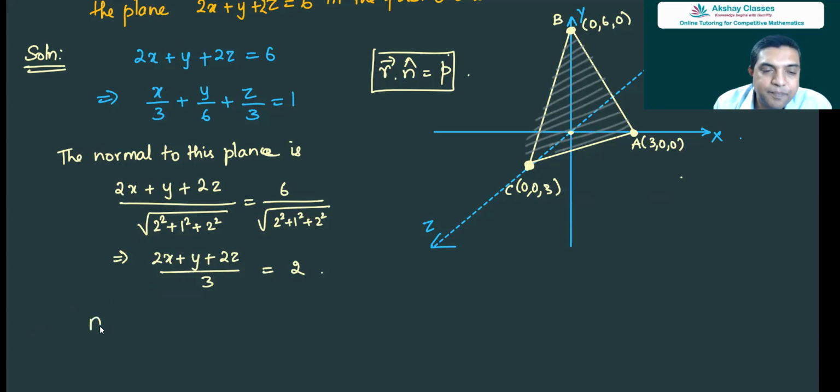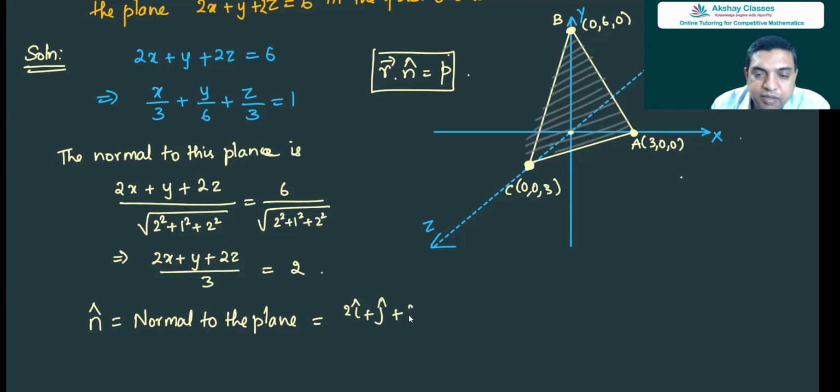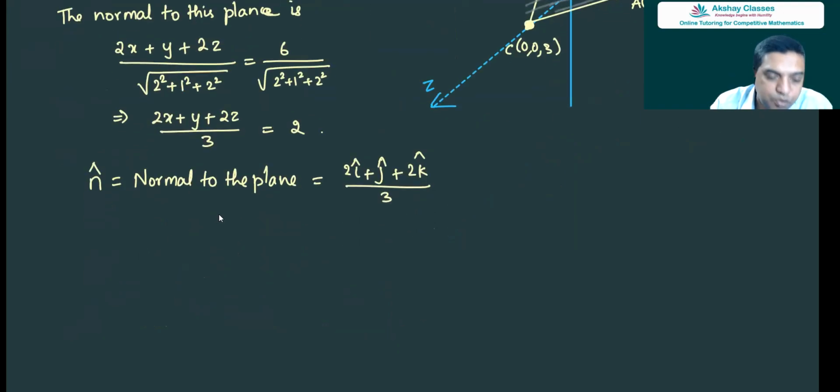So n cap, the unit normal to the plane, is (2i plus j plus 2k) upon 3. It will be the coefficients, because r dot n, r is xi plus yj plus zk. Now n is 2 by 3 i plus 1 by 3 j plus 2 by 3 k. Okay, the coefficients.